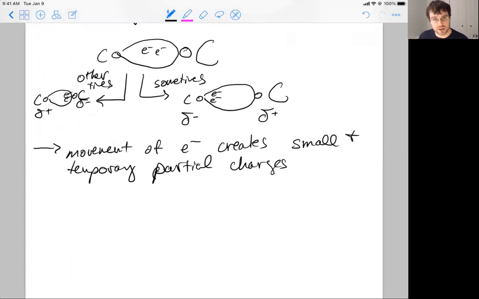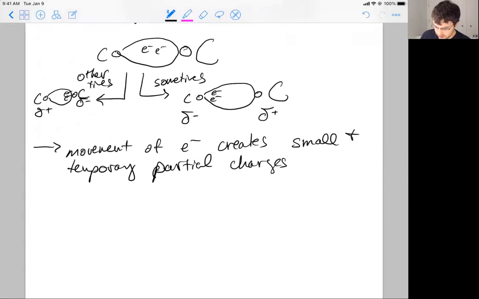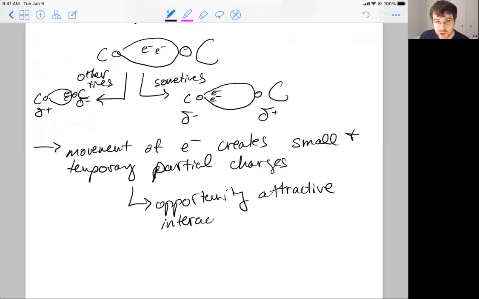But these charges are fluctuating quite a bit, and this creates an opportunity for an attractive interaction. It's not a strong one, and it's certainly not a permanent one, but it is one nonetheless.